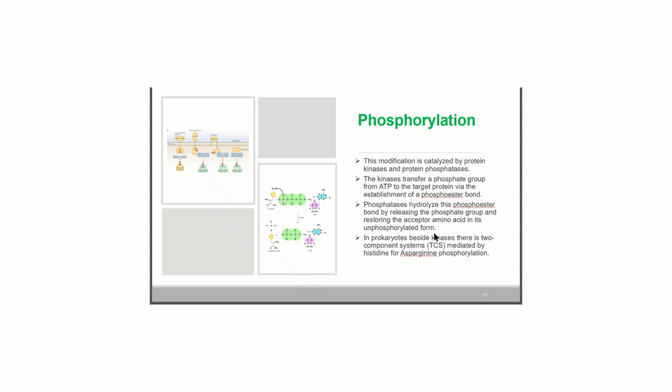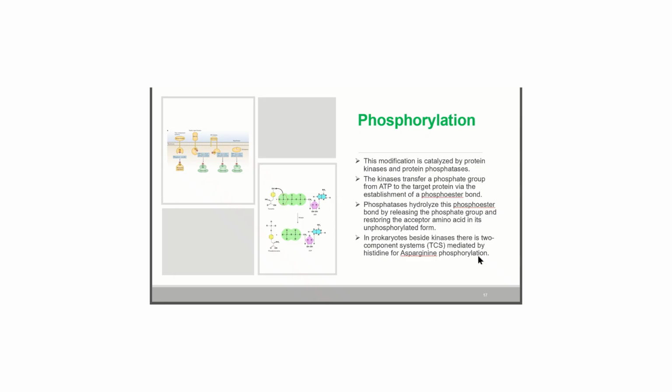So the kinases catalyze the production of the phosphodiester bond, while the phosphatases break the phosphodiester bond to release the phosphate group. That's why we call it a reversible process.